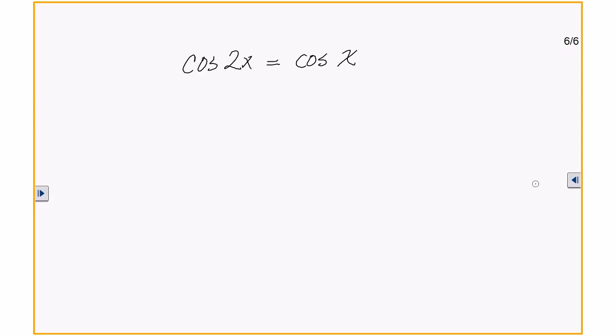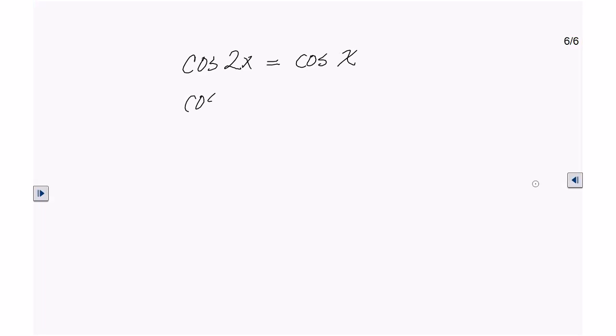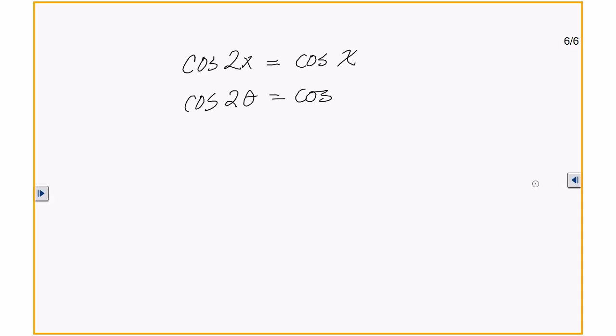So if you want to change it to this, cosine 2 theta is equal to cosine of theta. You can do that, but you've got to do some algebra before you do it. Wait a minute, did I copy the problem down right? Cosine of 2x. Yeah.